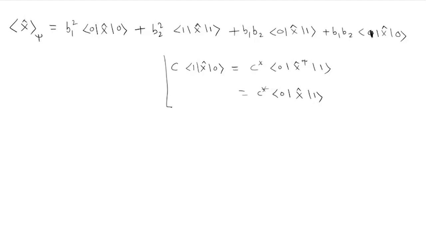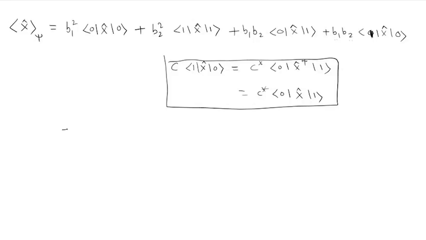So if you have an inner product something like this, you can convert them back. C is usually complex, but here b1, b2 are real constants.